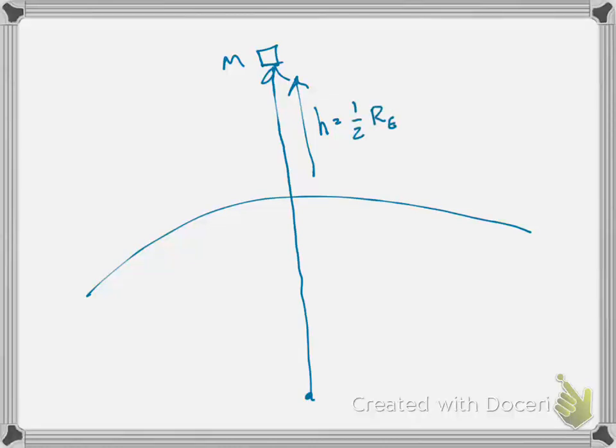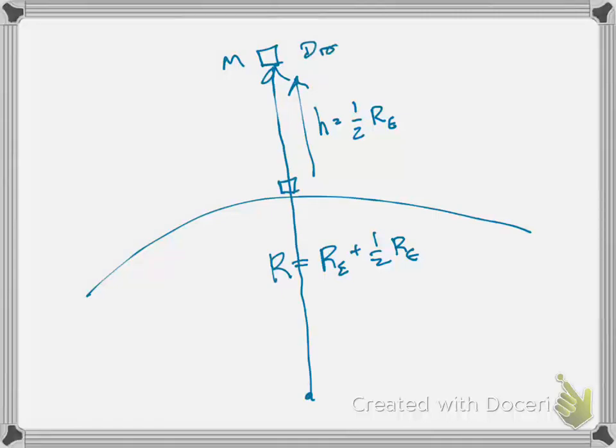That means from the center of the Earth, the radius vector is equal to RE plus 1/2 RE, right? So let's take an object up 1/2 the radius of the Earth, and let's drop it and ask how fast is it moving at the surface of the Earth.